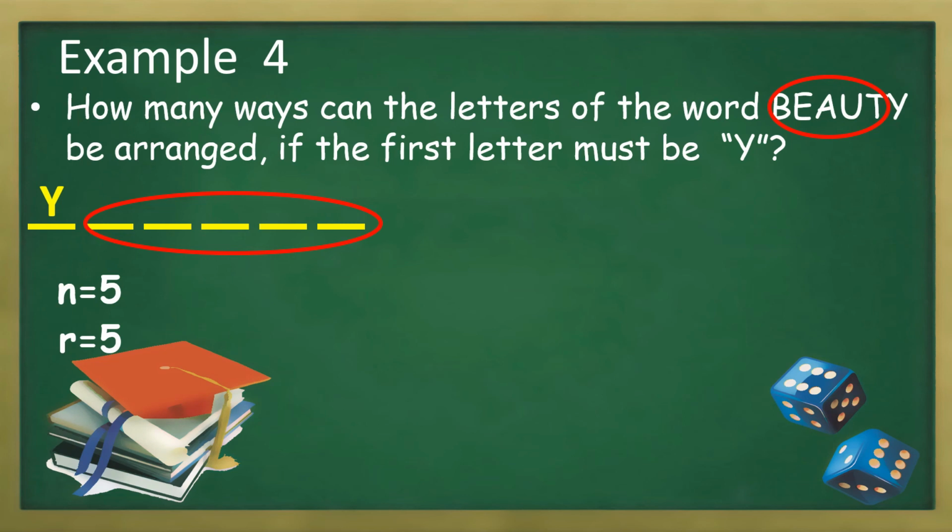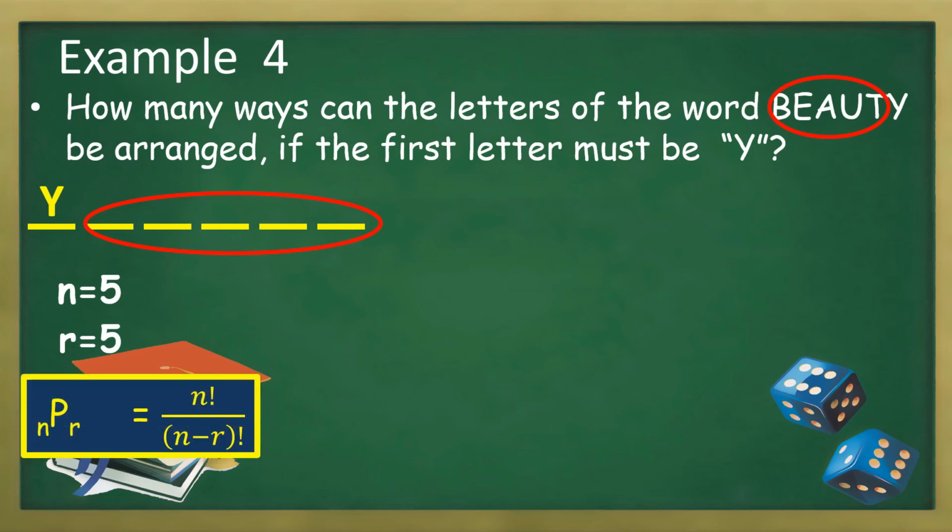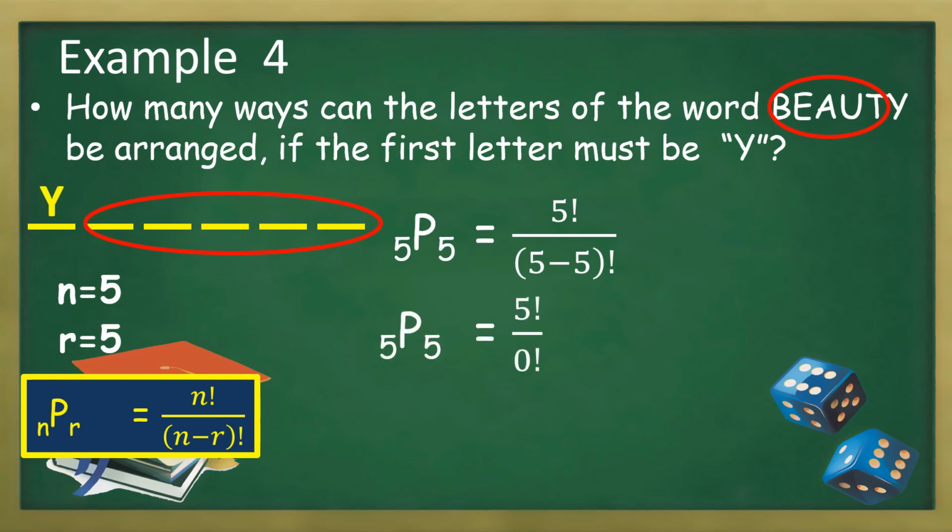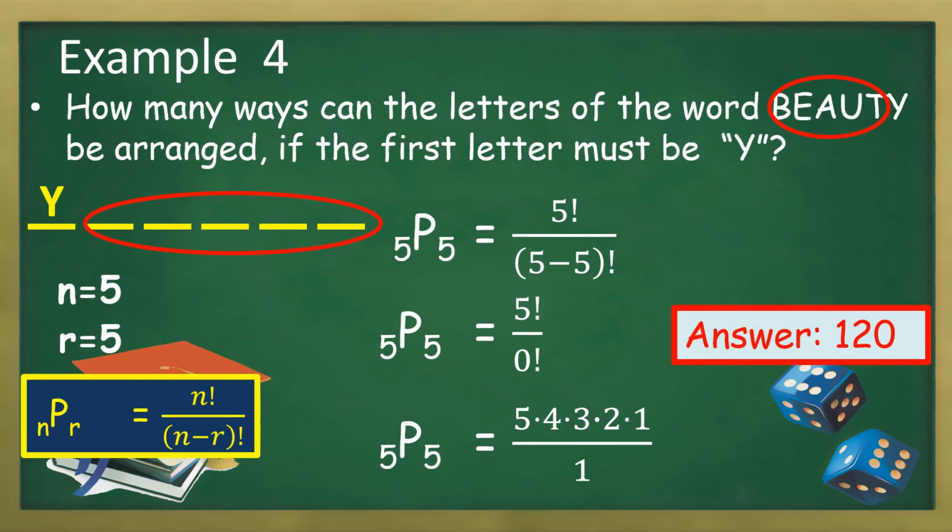Then using our permutation formula, nPr is equal to n factorial over n minus r factorial. We will have 5 factorial over quantity 5 minus 5 factorial, and that will give us 5 factorial over 0 factorial, which is equal to 5 times 4 times 3 times 2 times 1 all over 1. And when you multiply this, you will have 120 arrangements.